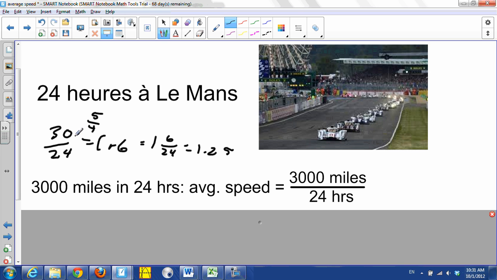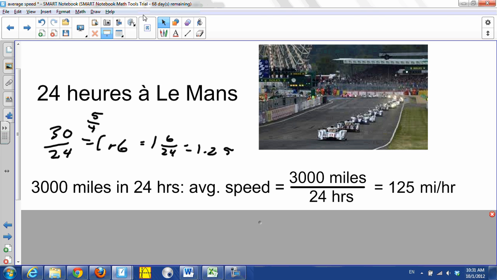So if 30 divided by 24 is 1.25, then 3,000, which has 2 more zeros, is going to be 125. 100 times more. 125 what? Again, miles per hour. Okay. So, dang, if they travel 3,000 miles in 24 hours, they'd be going 125 miles per hour.